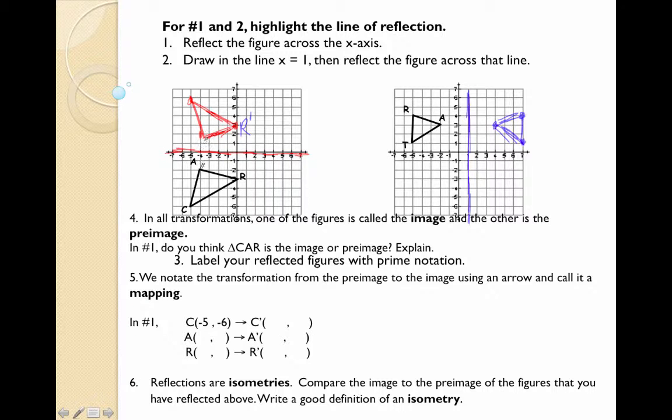The point I got by mapping A over is A prime. The one I got by mapping C over, C prime. Okay, so this point came from A, this one came from R, and this one came from C. So that little apostrophe just means that it's the image and not the pre-image.